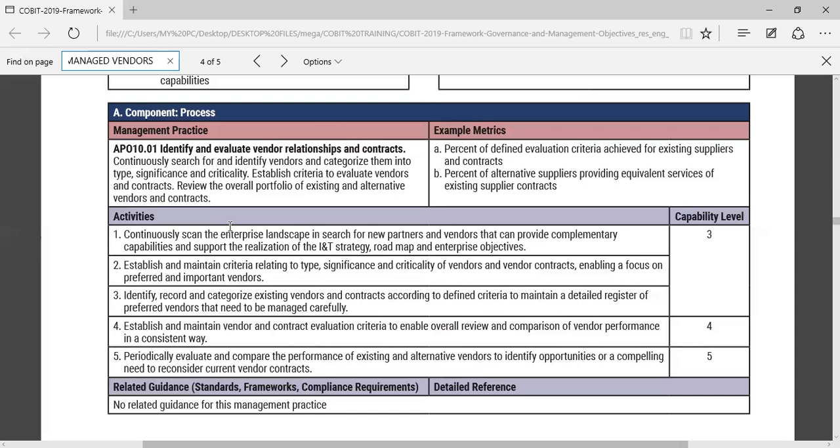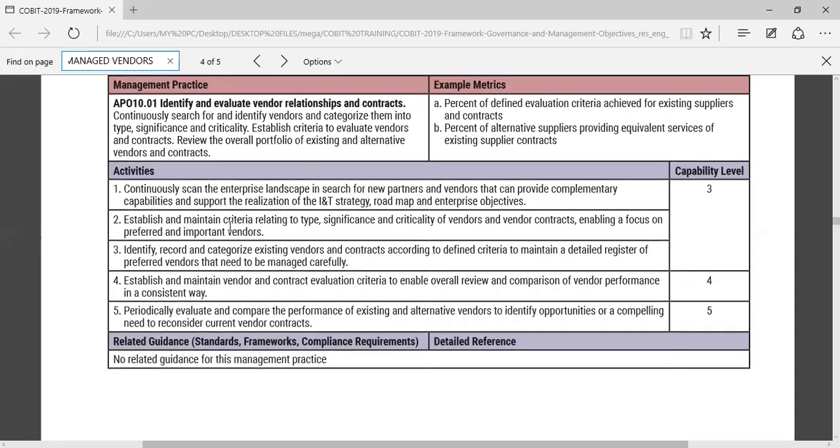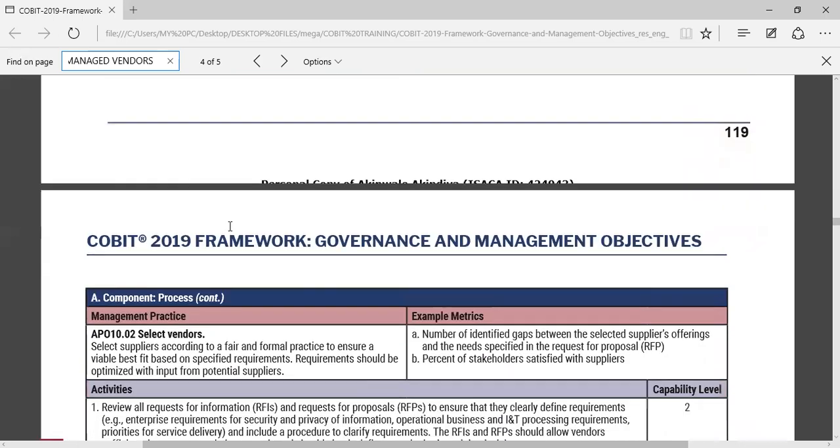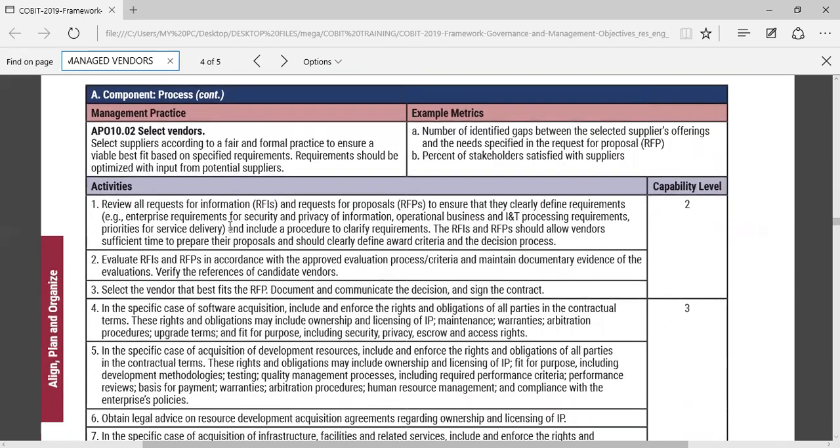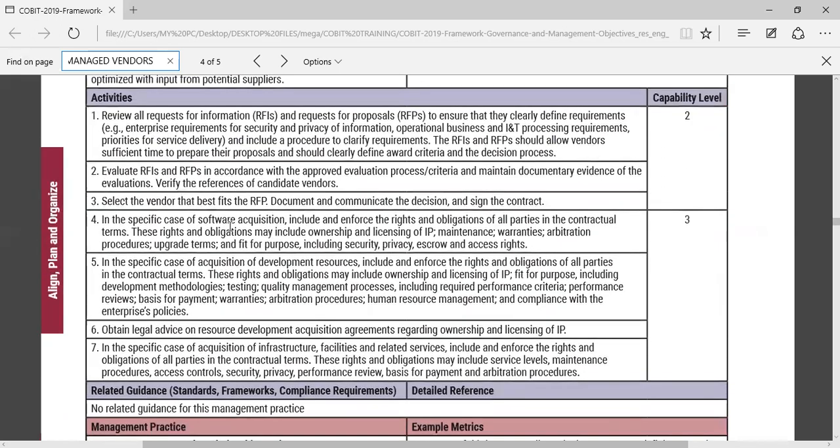If no, you have to follow COBIT recommendations and implement these 5 activities. Then the second management practice, APO10.02, select vendors. Under select vendors, you have 7 activities that COBIT recommended for you to implement.